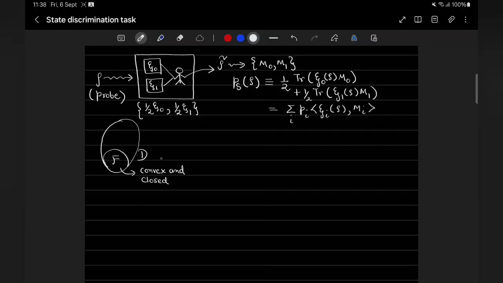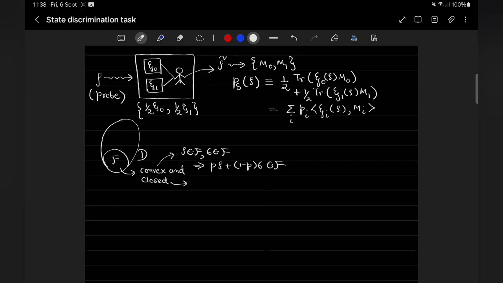Convexity simply means that if rho belongs to F and sigma belongs to F, then this implies p rho plus 1 minus p sigma belongs to F. And closedness means that certain sequences in the free states converge to a free state.